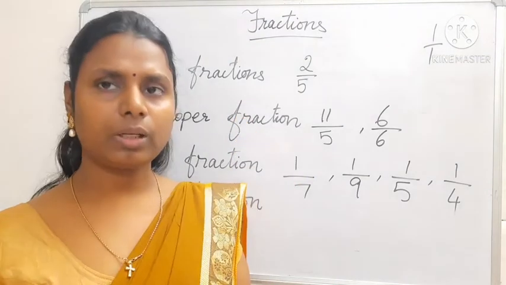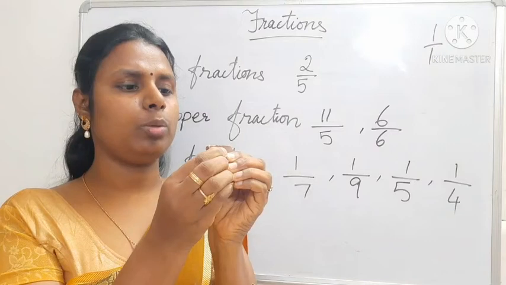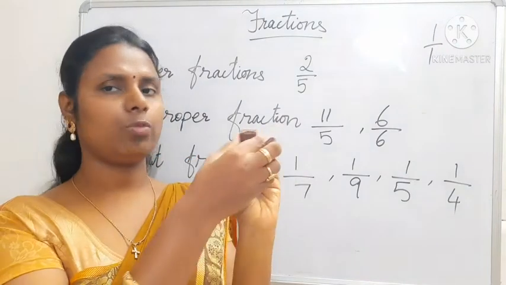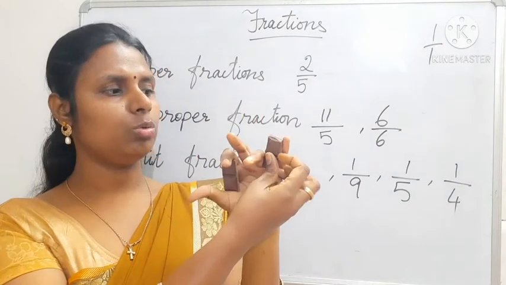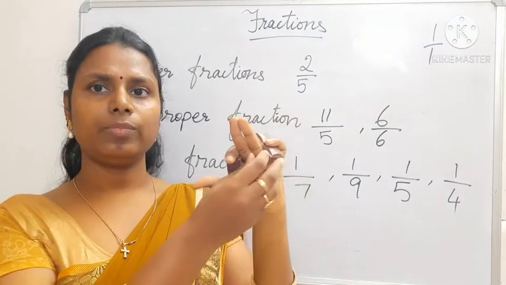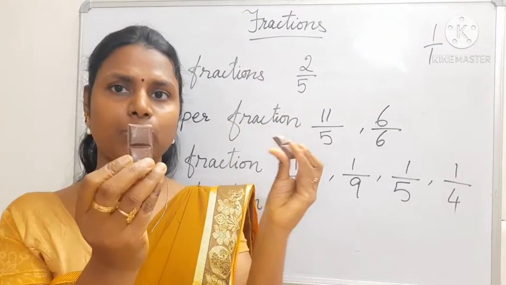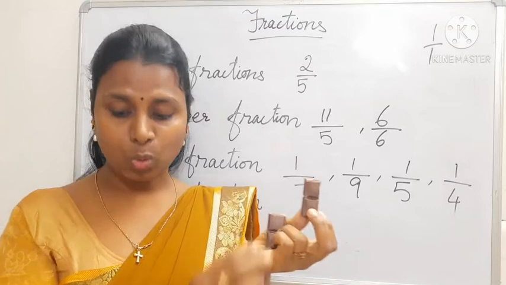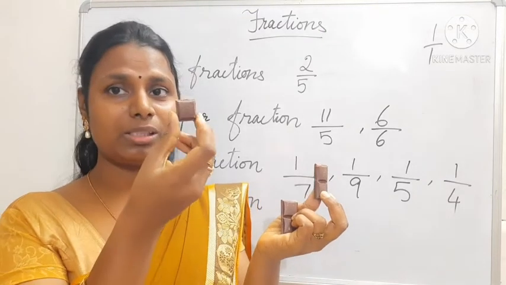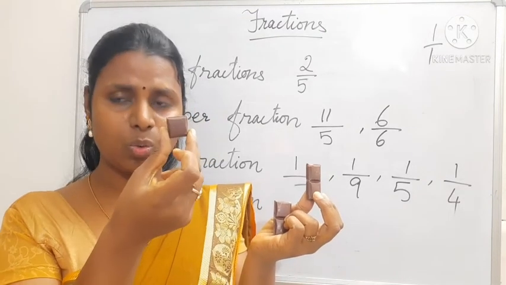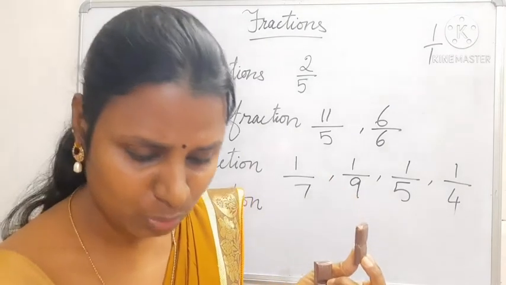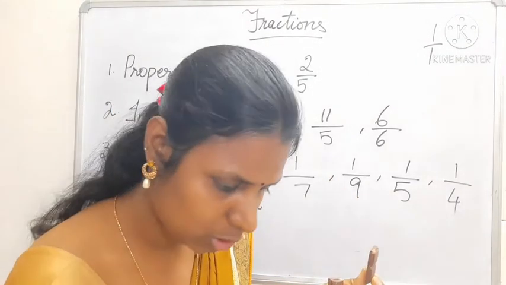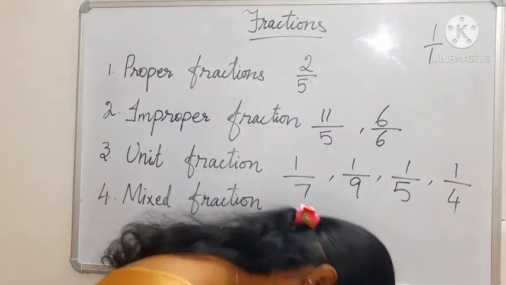So, let me divide these 4 pieces, 2 for one child and another 2 for another child. Okay, this is for one child, this is for one child. Now one more is remaining. So now I am going to break this chocolate.